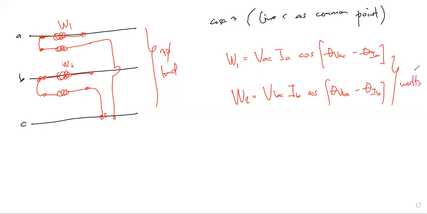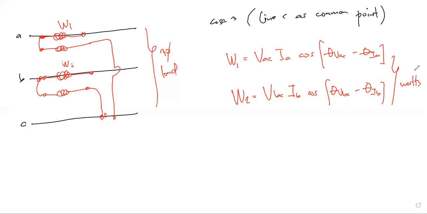Okay, so now we have the connections for the two wattmeter method, as to how we would connect the two wattmeters in order for them to indicate the total power drawn by the circuit.